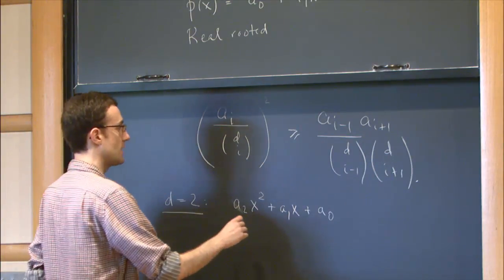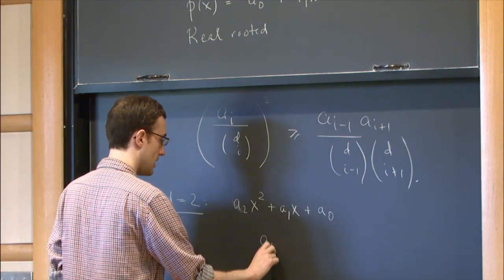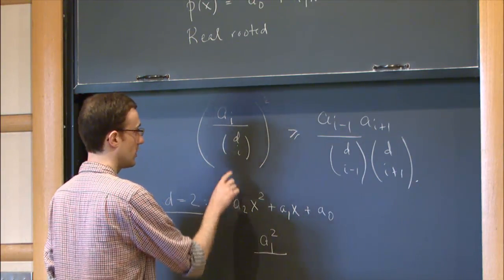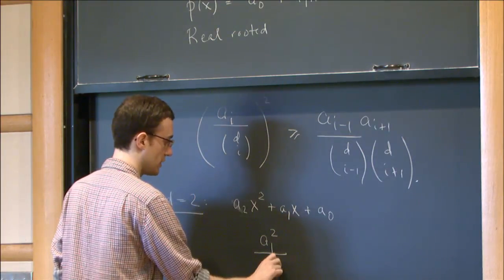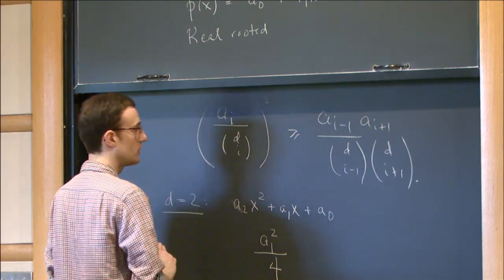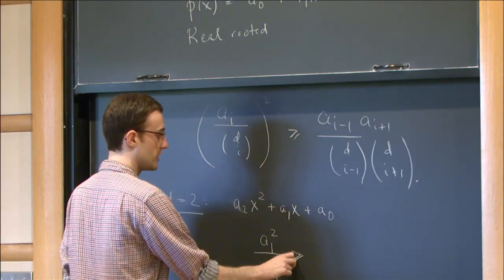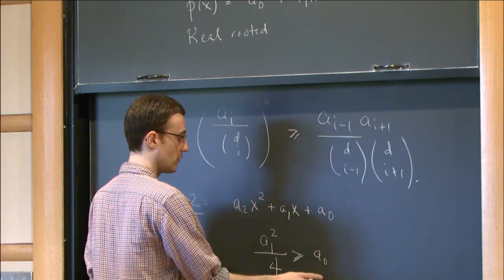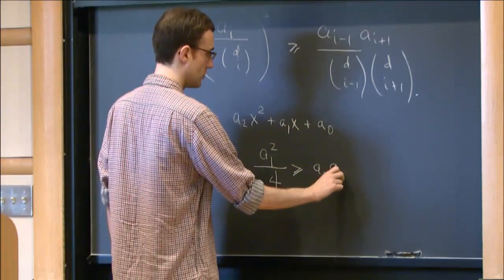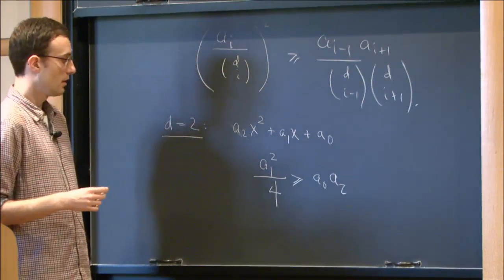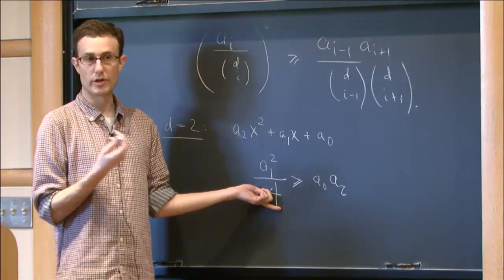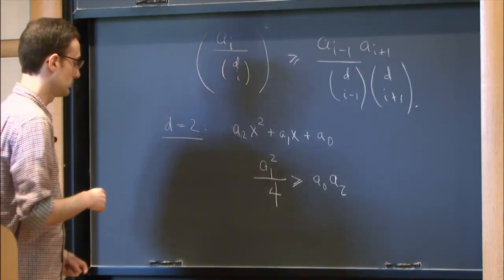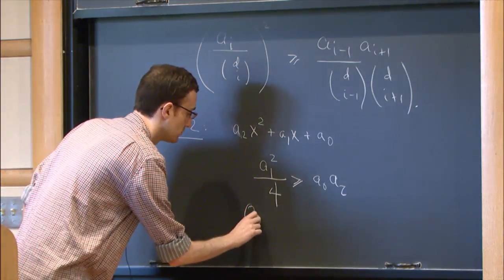So this is just saying that a1 squared over d choose 1, which will be 4, is greater than or equal to a0 over 1 times a2 over 1. And this comes directly from the quadratic equation.